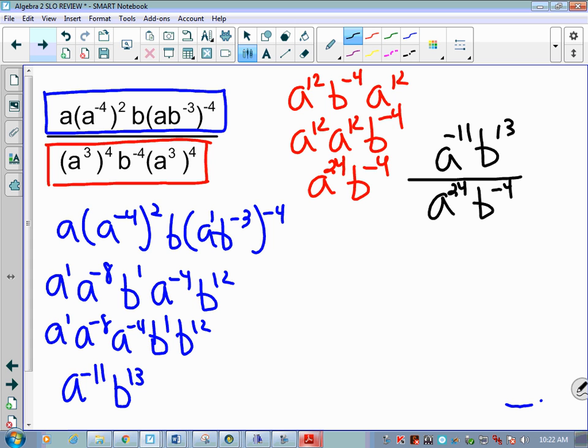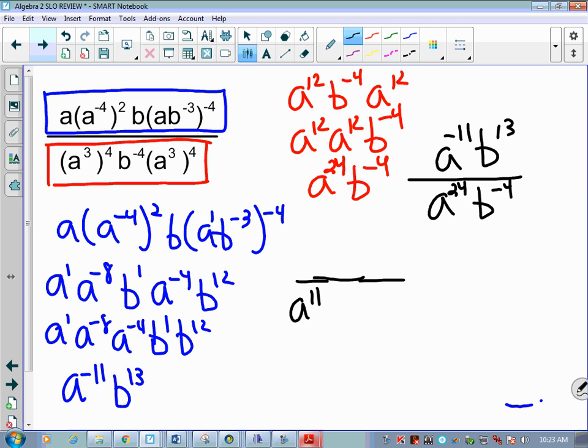All positive exponents. Do I bring a to the 24th up, or a to the negative 11th down? A to the negative 11th down. It becomes positive 11, so a to the positive 11.